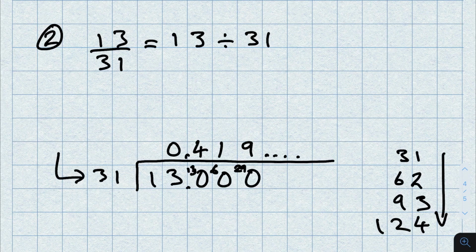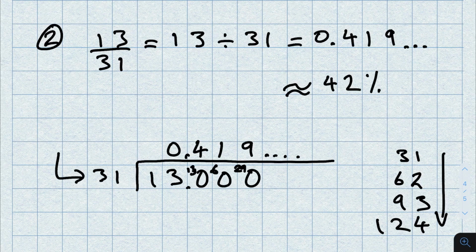So I know that 13 divided by 31 is going to be 0.419 and some more bits, which is approximately equal to 42%.